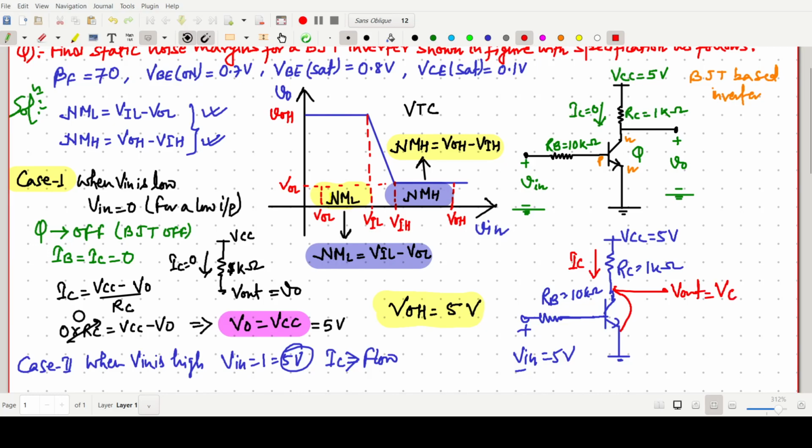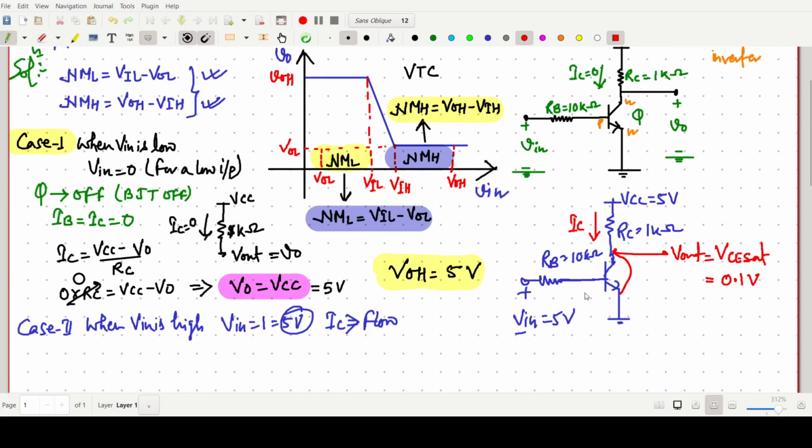So this one will be nothing but simply our VCE sat. This VCE sat value is given as 0.1 volt in our question. So the output value when V in is high is nothing but simply the VCE sat value, and given is 0.1 volt.